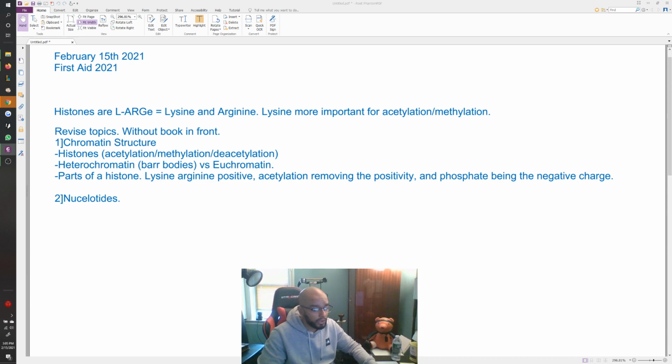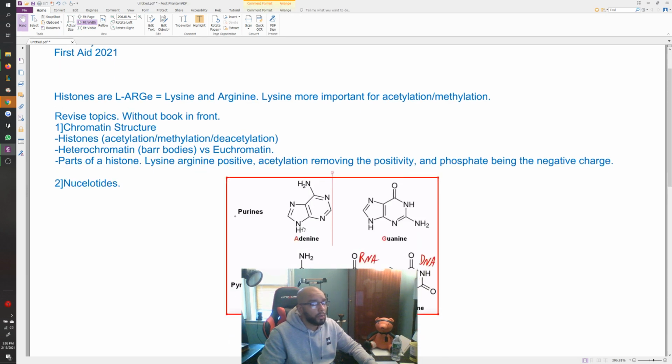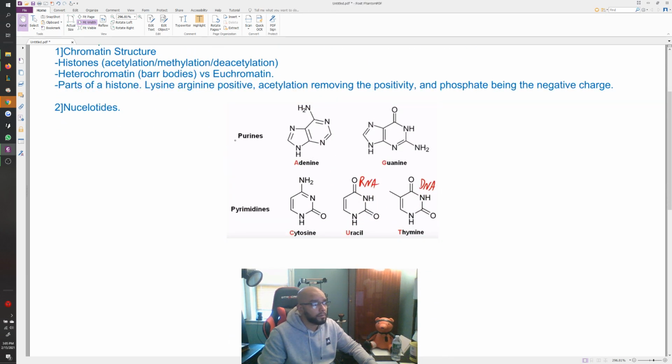If you look at something like this, you can see where the changes are coming from. Here you have your adenine and guanine. You have cytosine, uracil, and thymine. Remember that uracil is one of those RNA things. You only find uracil on RNA, and you find thymine on DNA.